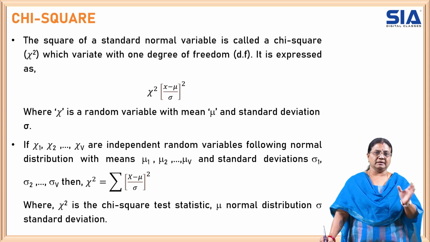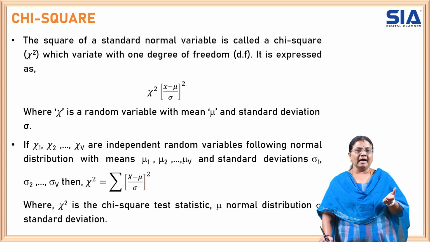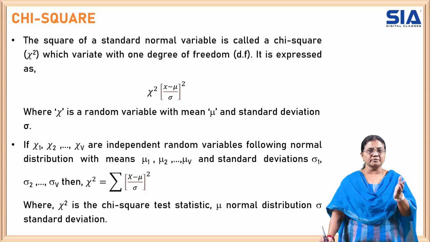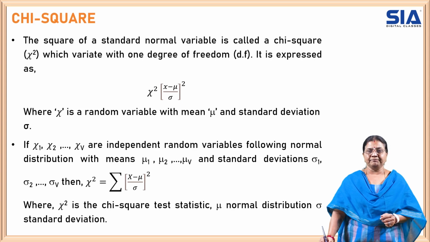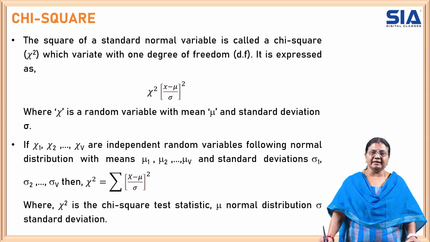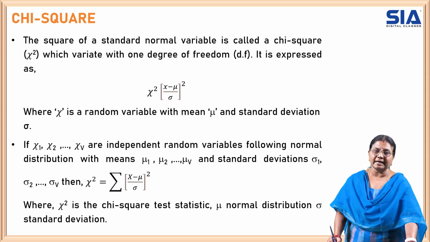And if x1, x2 to xv are independent random variables following normal distribution with means mu1, mu2 to mu v, and standard deviations 1 to v, then chi-square is equal to sigma of x minus mu, that is the mean, divided by standard deviation, whole square. Here chi-square is the chi-square test statistic, mu is the mean of the normal distribution, and there is the standard deviation. So this is the formula we use to calculate chi-square in the chi-square technique.